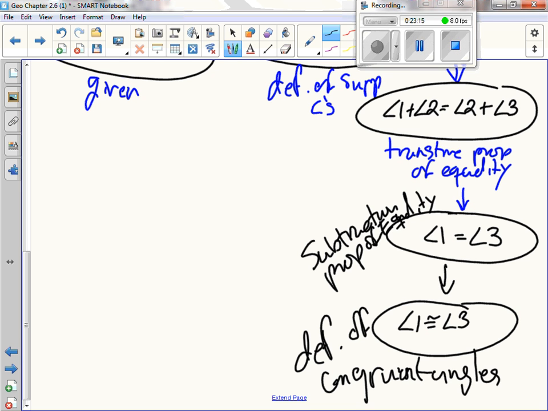Since we're talking about angles, it would be definition of congruent angles. And that's it. We didn't have a whole lot of room for that, but that's all we have to do here. We were just converting it from one to the other.